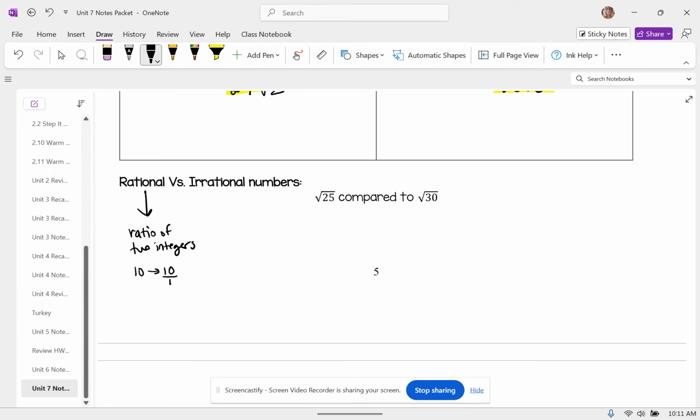I could just put the 10 over 1. These are equivalent forms. What if I had 3 over 2? Sure, it's a ratio of 2 integers, 3 and 2, okay? So anything that can be written as a fraction is kind of like the layman's terms of knowing what a rational number is.